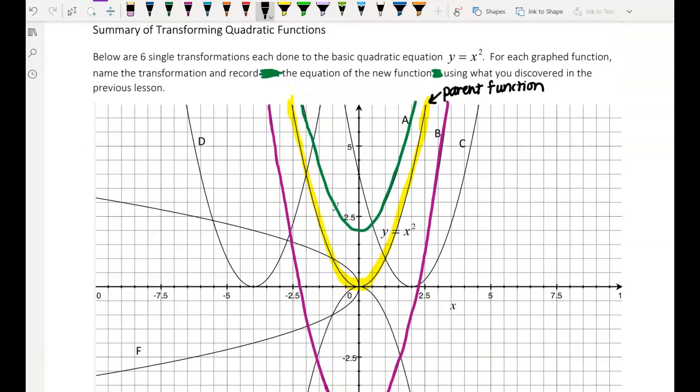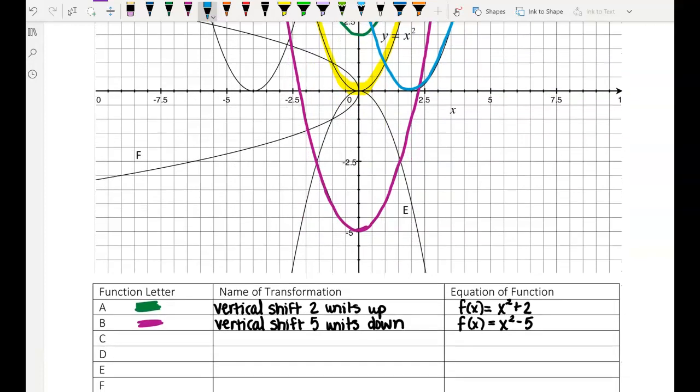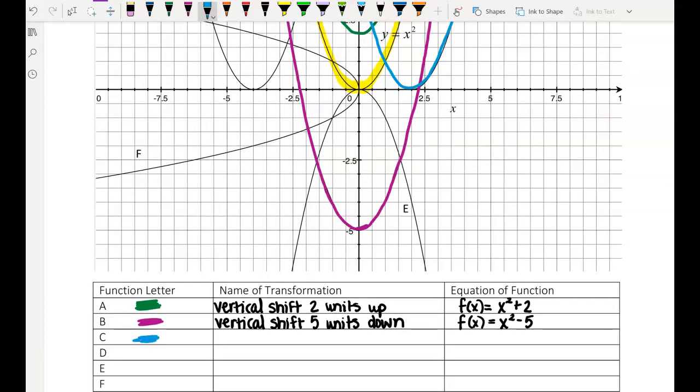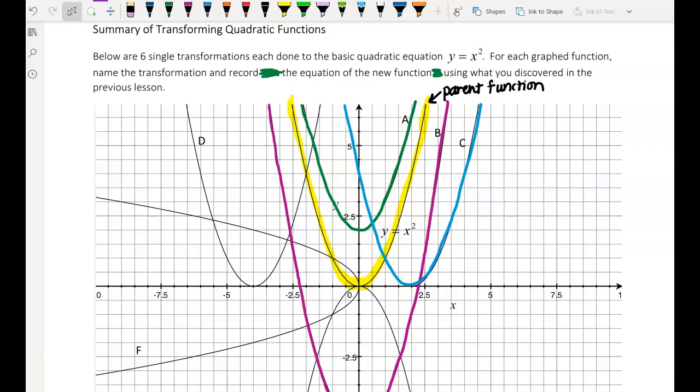Function C, I'm going to highlight that in light blue. So what kind of shift happened here?